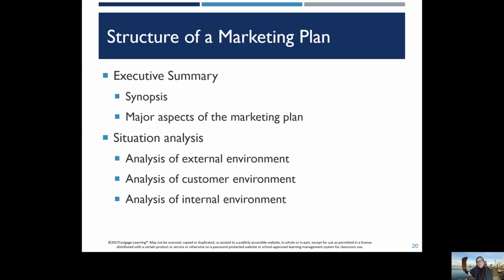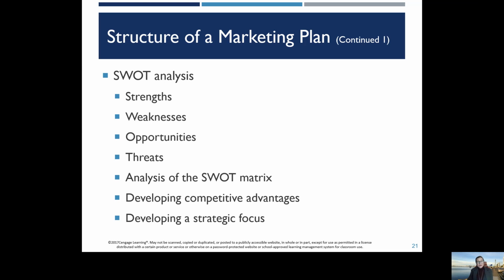After the executive summary, the front end of the marketing plan is that situation analysis of the external macro environment, analysis of the customer environment, analysis of the internal environment. Some people might know the SWOT analysis, and this is an internal analysis. The SWOT is a tool to conduct an internal analysis.